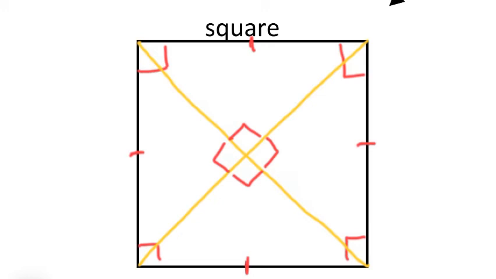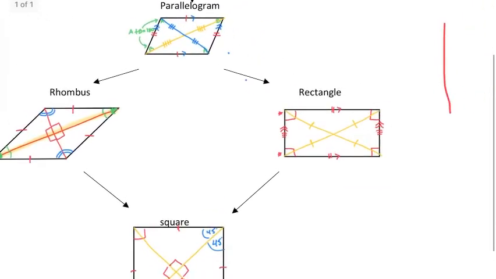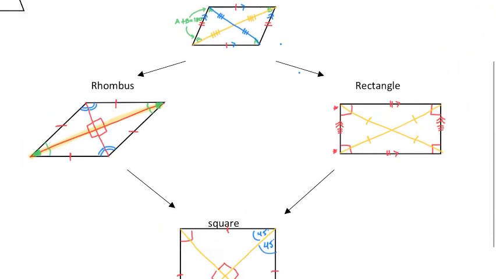If each corner was 90 degrees and I bisected, that means each piece is 45 degrees here and 45 degrees there. And that's true all the way around. And so if we zoom out, we can start seeing how all of these go together.